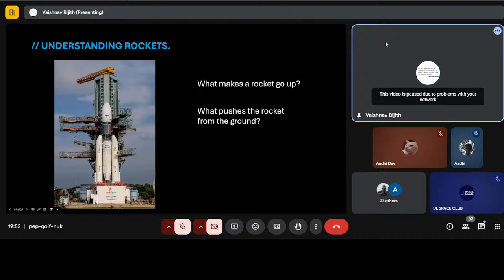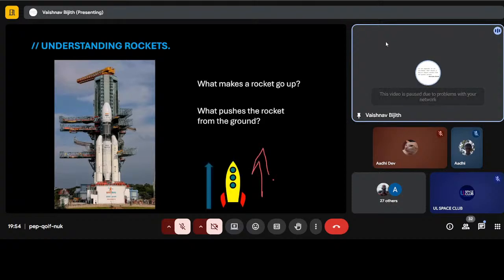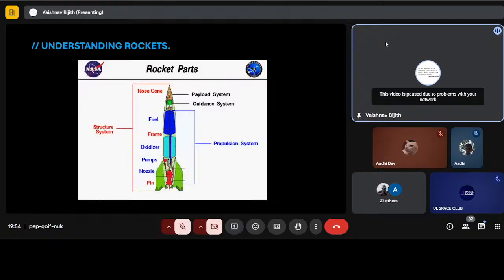At very high speed these gases go downwards, and that's what gives the rocket thrust. A reaction takes place, the rocket gets thrust, and that's when we see the rocket moving upwards. This is what causes a rocket to go upwards.